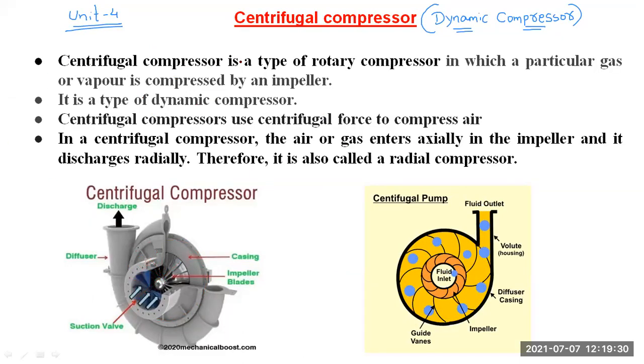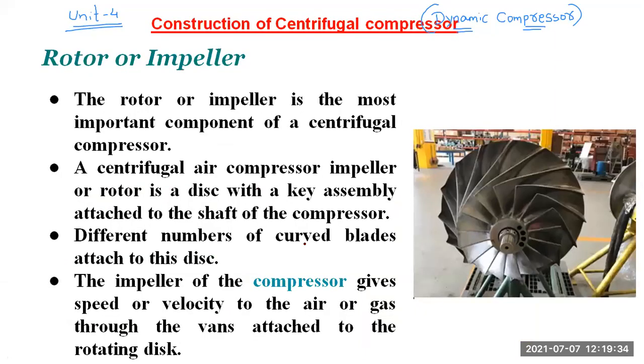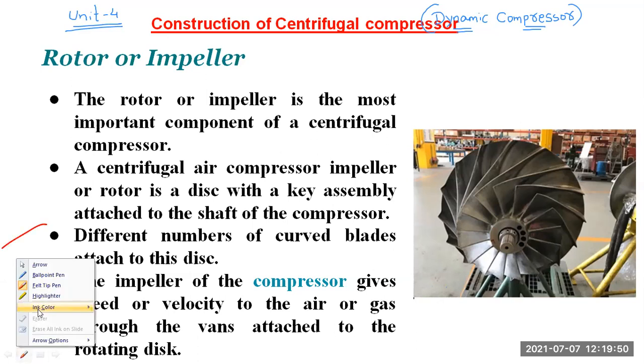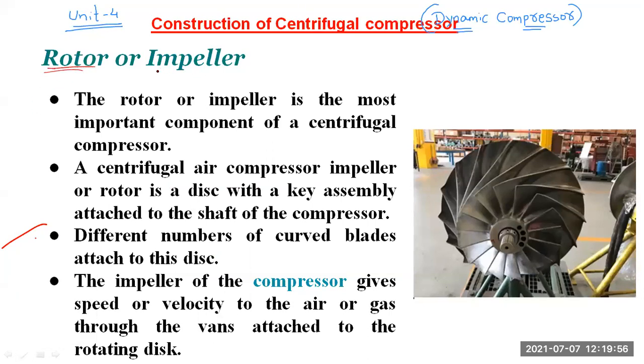Next we will study the different parts of the compressor, the construction of a centrifugal compressor. How the centrifugal compressor is constructed. Regarding this construction part, we will study. The first part is the rotor or impeller.